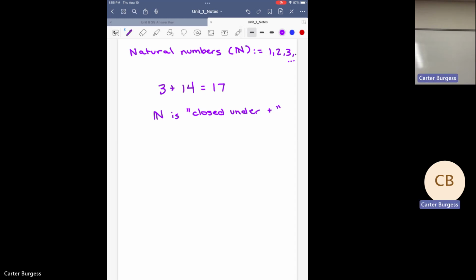Which is basically just a way of saying we can combine these elements in any way, and we're not creating new numbers as we go. We don't need to add any new numbers to what we are working with in order to be perfectly happy.